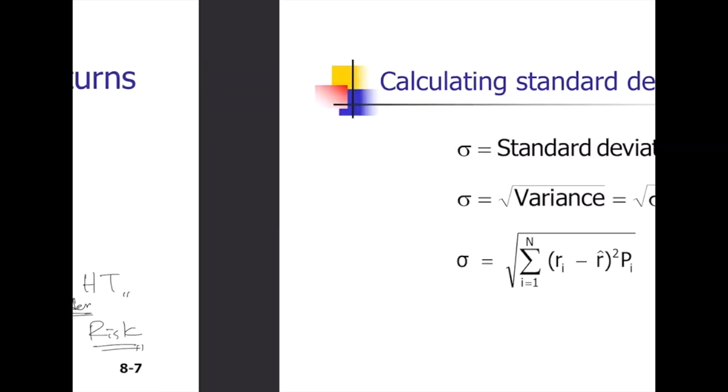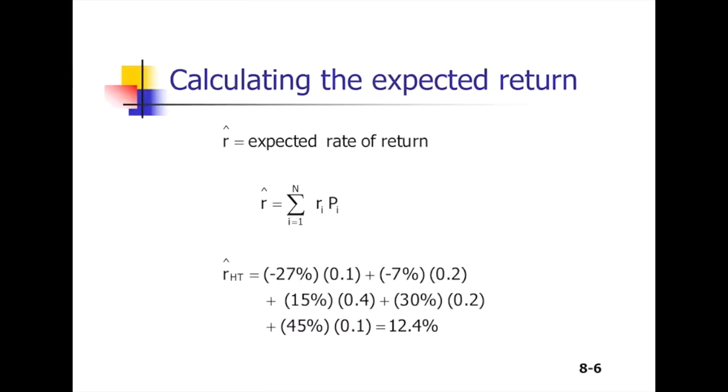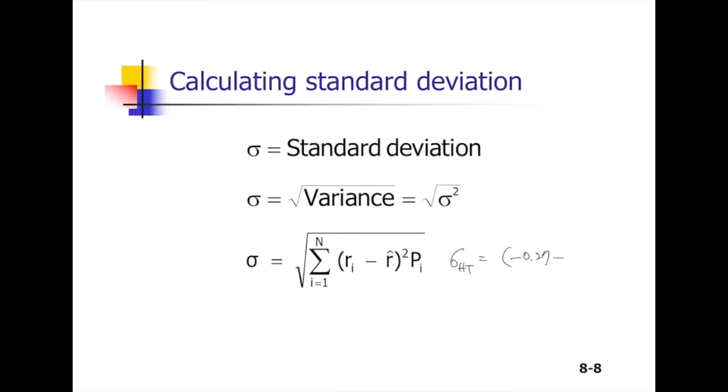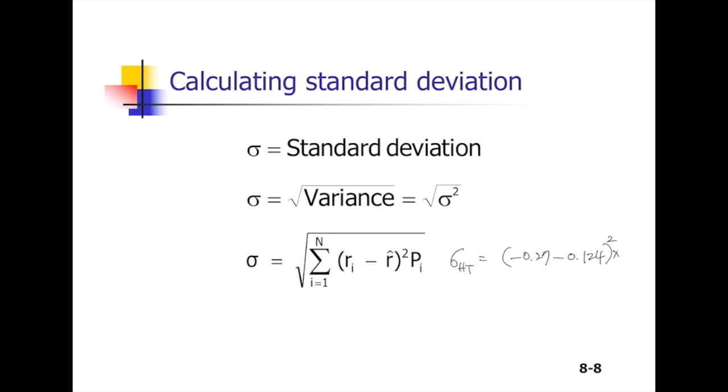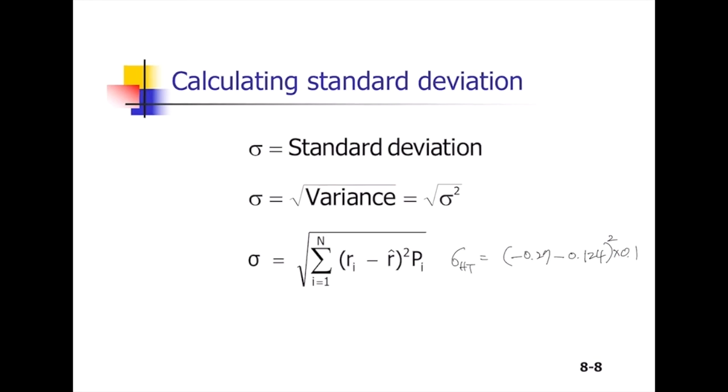R hat we already calculated on this slide, right? So input the numbers, 0.124, and power of 2, then multiply by pi. In this case, we calculate the market recession, where the probability is 0.1, right? So write down 0.1.